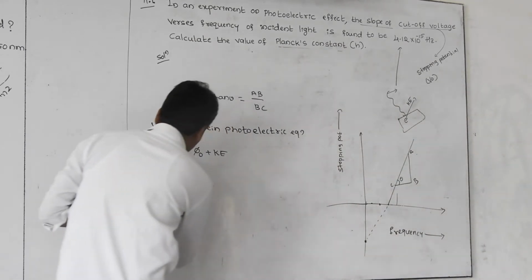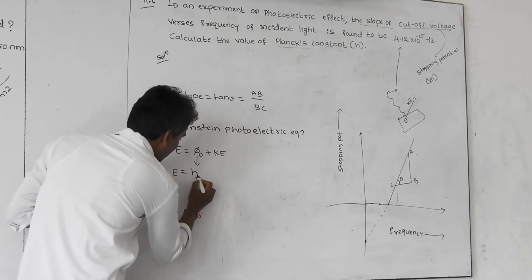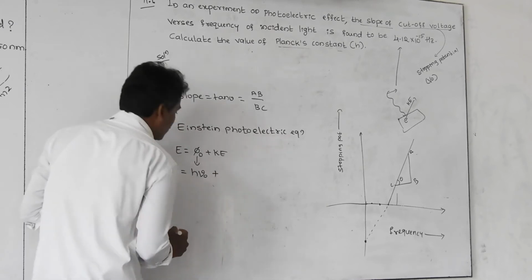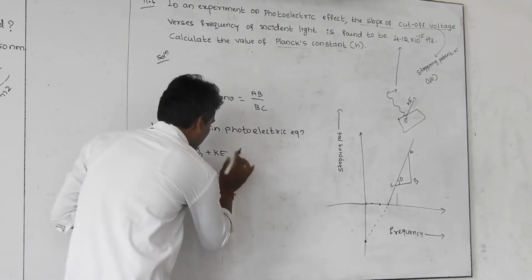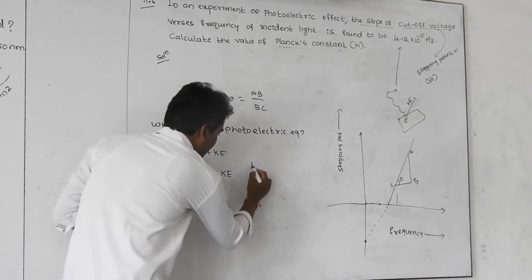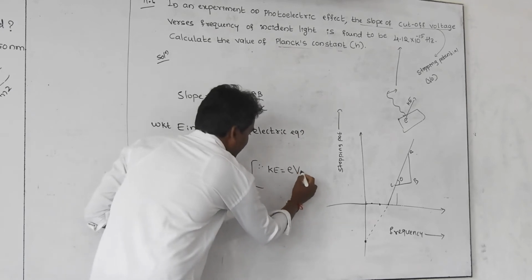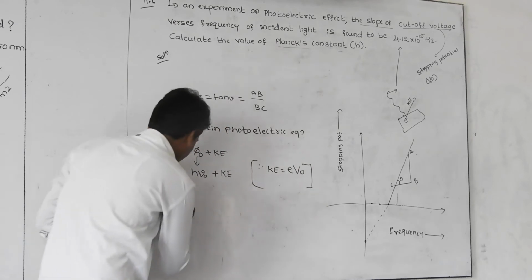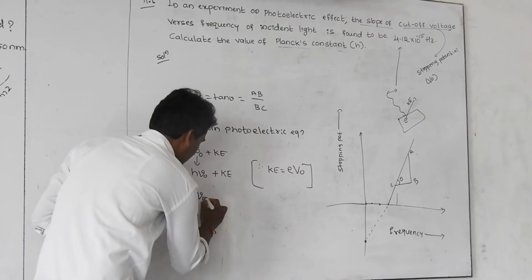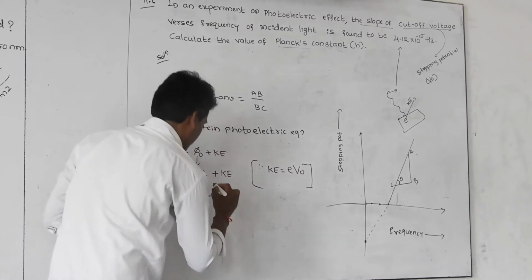And here you know very well, the work function can be calculated by using Planck's constant into threshold frequency, plus kinetic energy, which can be written as 1 by 2 mv square, or just take it as kinetic energy. Kinetic energy can also be written in terms of stopping potential as eV0. Replace here: E is equal to h nu plus kinetic energy, written as e into V0.